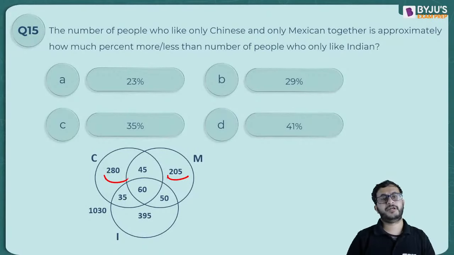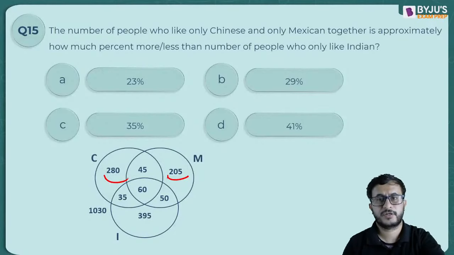The number of people who like only Chinese and only Mexican together, right, is approximately how much percent more or less than the number of people who like only Indian?